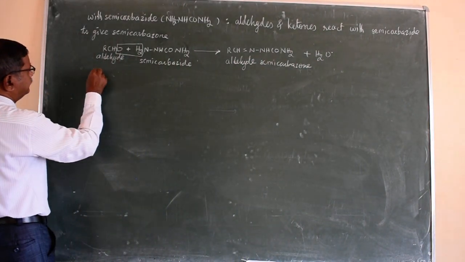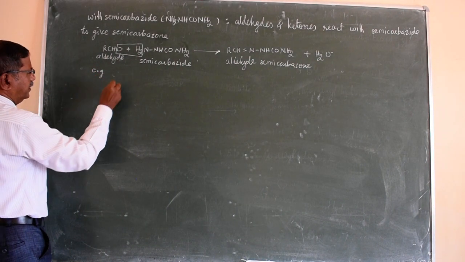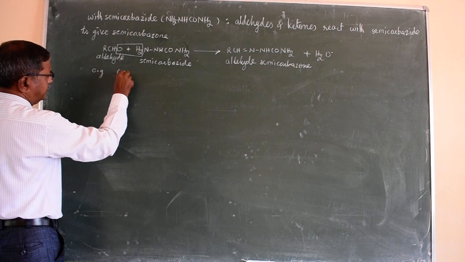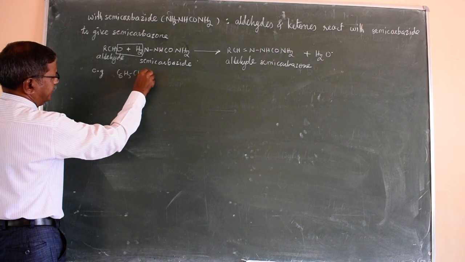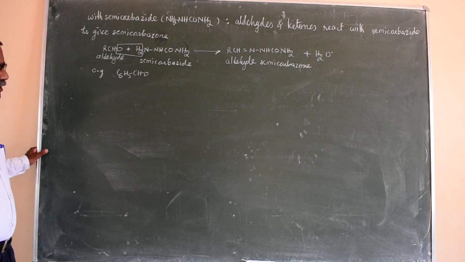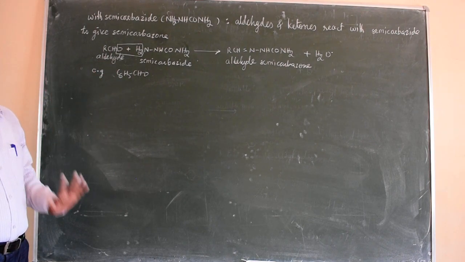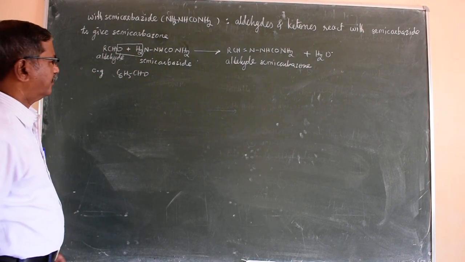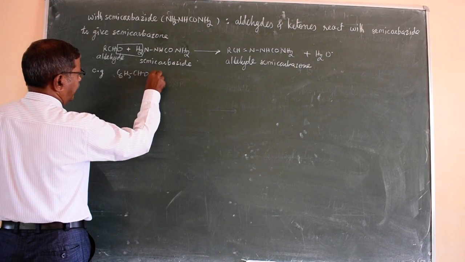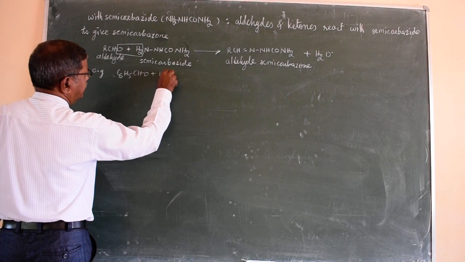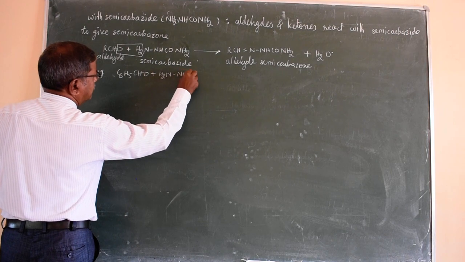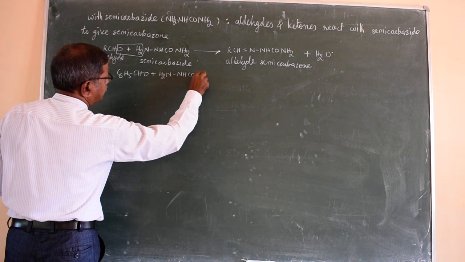Example: I am writing benzaldehyde, C6H5CHO. Instead of writing the benzene ring, you can write the formula C6H5; it is a phenyl or benzene ring. Plus NH2NHCONH2.